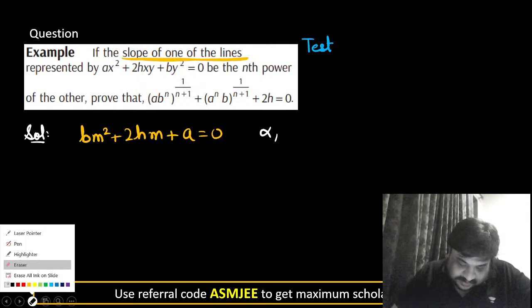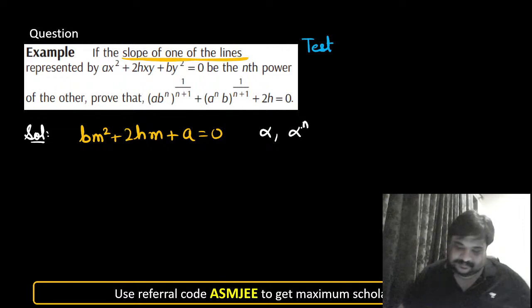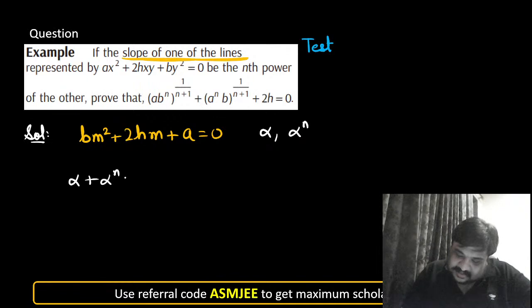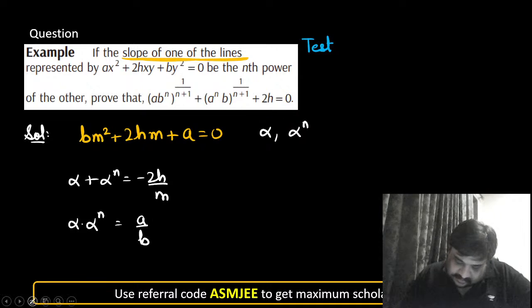The slope of one of the lines represented by this is the nth power of the other. These are the slopes. So this is the relation that we have. Alpha plus alpha raised to power n is minus 2h by b, and alpha raised to power n into alpha is a by b. These are the two relations that we have.